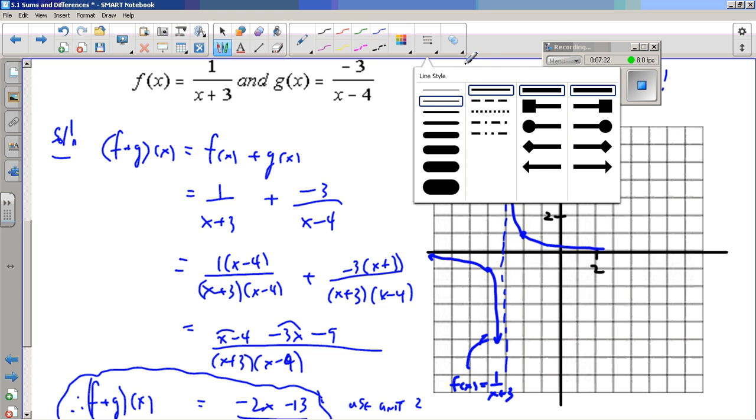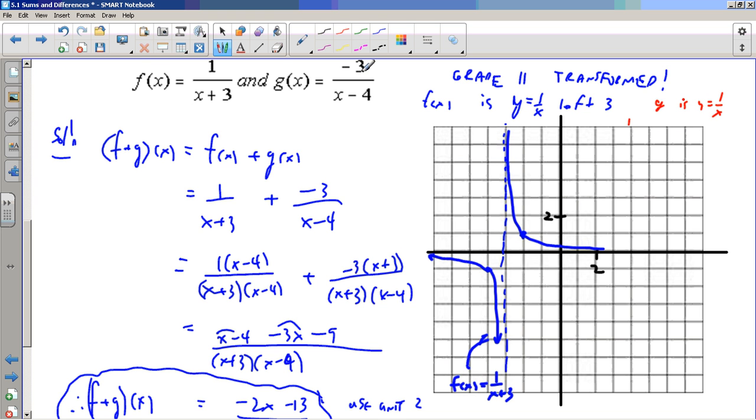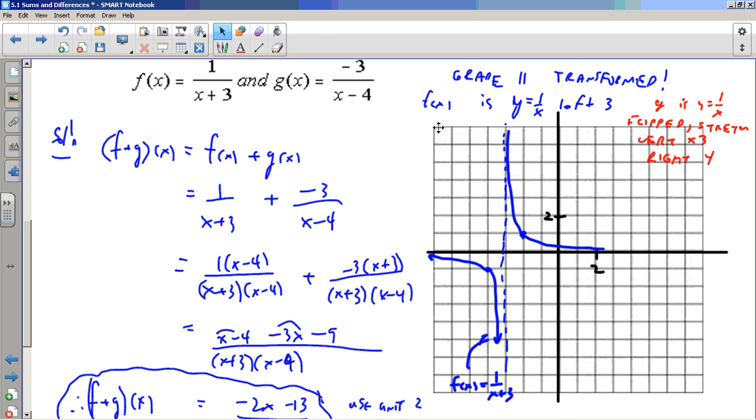And then this one is, let's see, running out of room here. I have g is this function flipped and stretched vertically. Stretched vertically, factor 3, and moved right 4. So let me think about that. The asymptote has been moved right 4, right there. So that means the asymptote's going to be here.